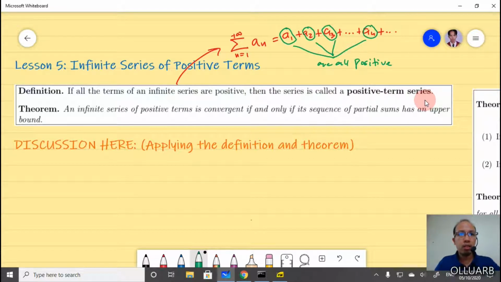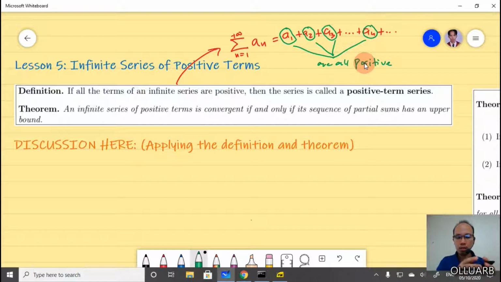Please do analyze that if a1, a2, a3 up to an and so on are all positive, then notice that the sequence of partial sums is increasing. Can you imagine that we have 1 plus 1 half?